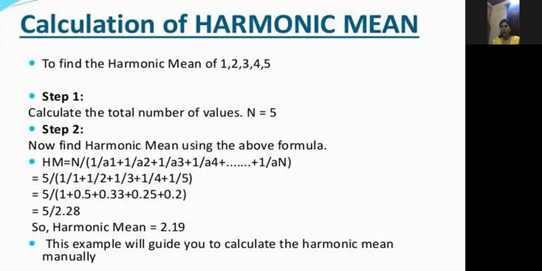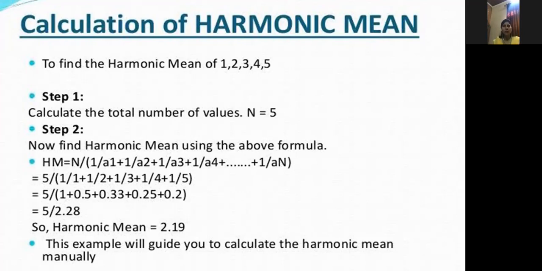After finding the number of values, next we take the reciprocals of these numbers, and we divide the number of values by the sum of the reciprocals. So for the harmonic mean, in the numerator we take 5, as the number of observations is 5, and in the denominator we take the sum of the reciprocals of the numbers given.